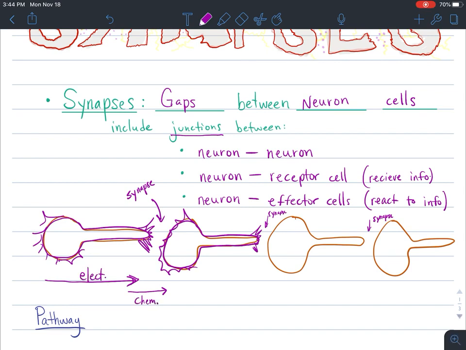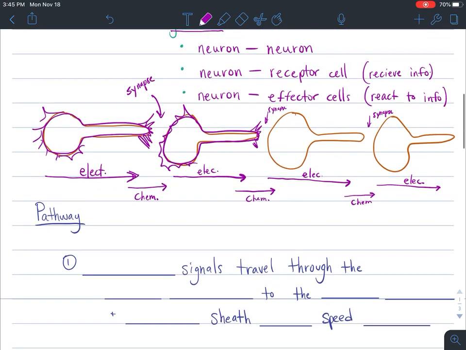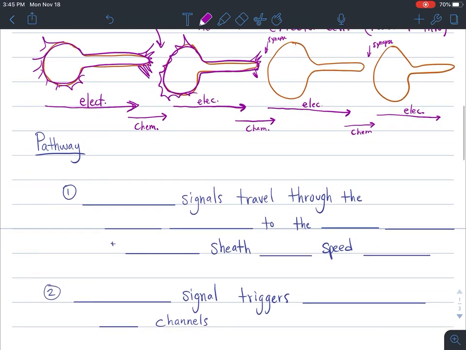That chemical signal is received by the next neuron, converted into an electrical signal, then turned into a chemical signal so it can be transferred to the next neuron, and so on and so forth. So it converts an electrical signal into a chemical signal, which can be received by the next neuron to turn into an electrical, into a chemical, and so on and so forth. So how does that happen?